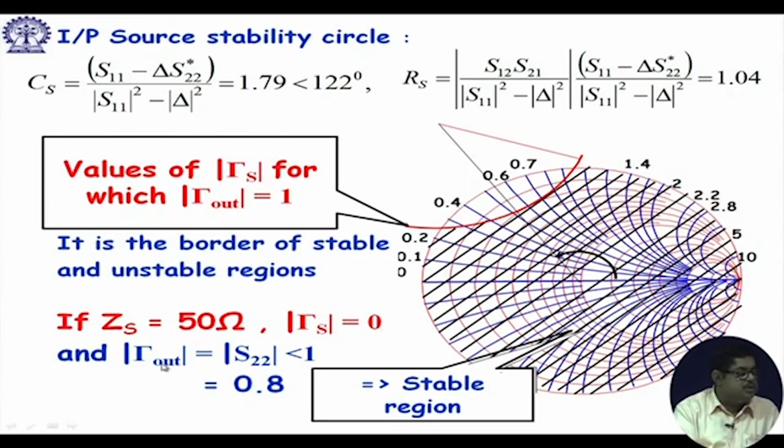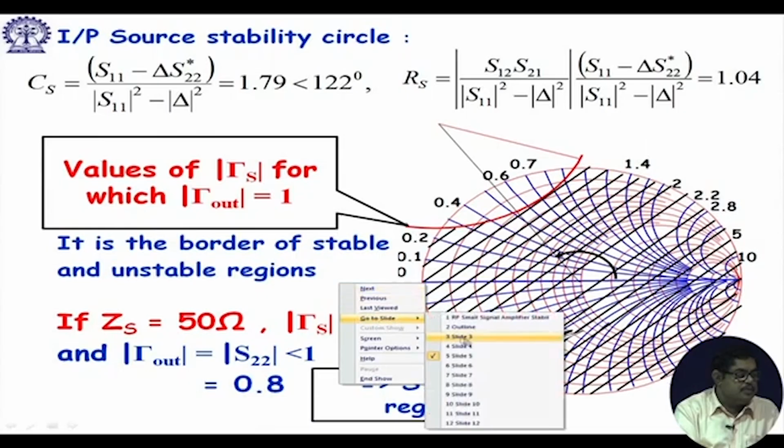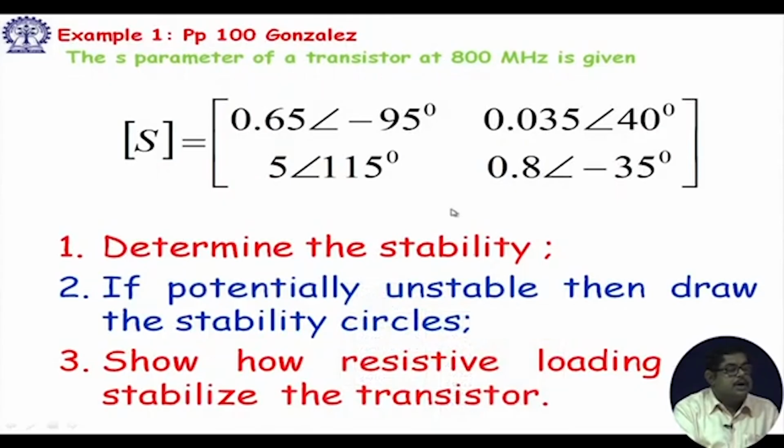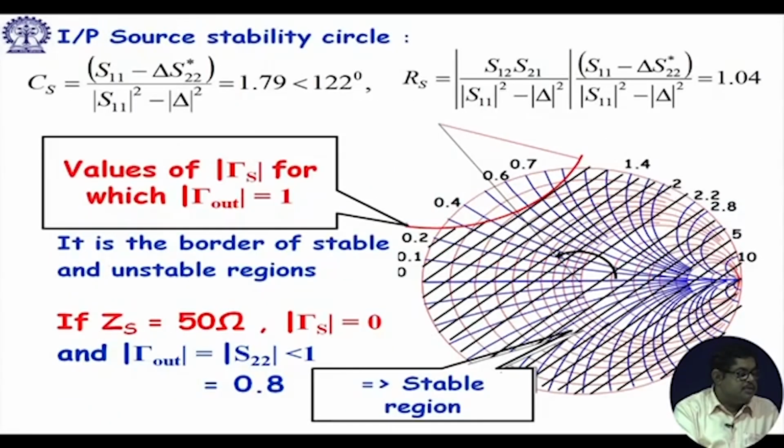Then gamma out magnitude turns out to be S22 magnitude, which is 0.8, so it is less than 1.